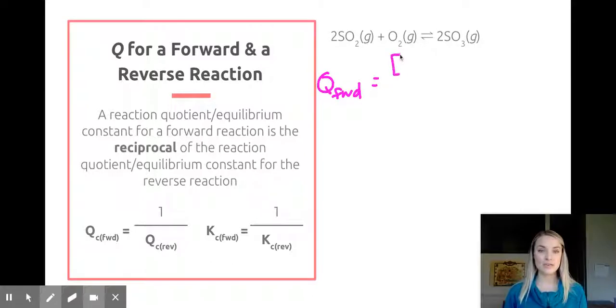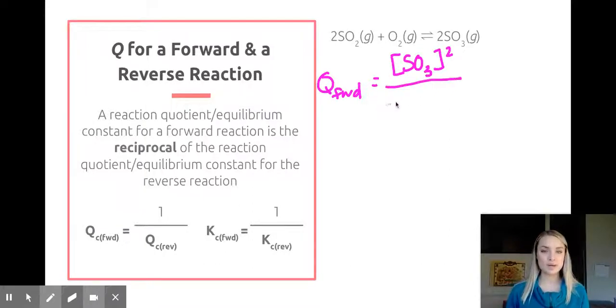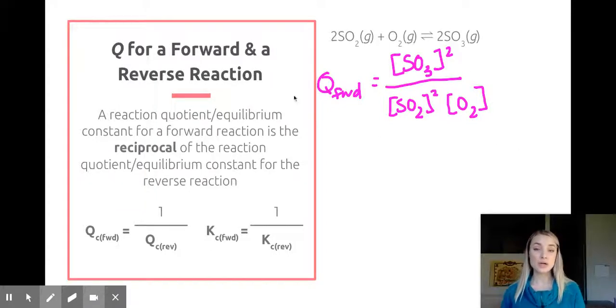We will have SO3 squared, because we have a coefficient of 2, divided by SO2 squared times O2, not squared because we have a coefficient of 1, to the first power. So this would be what our forward reaction quotient would look like.